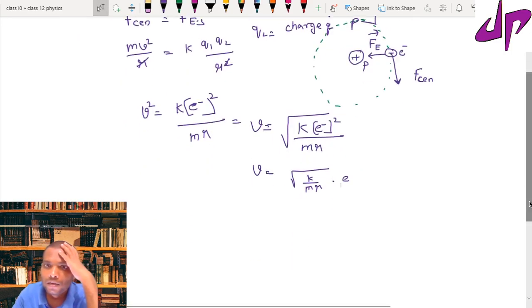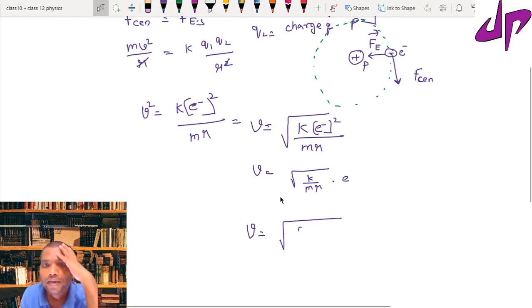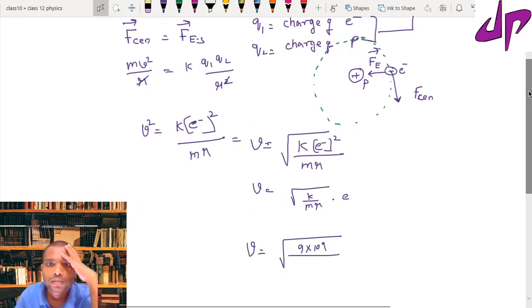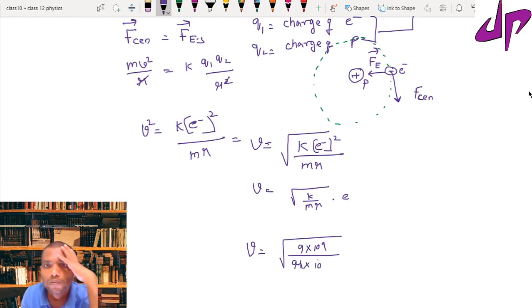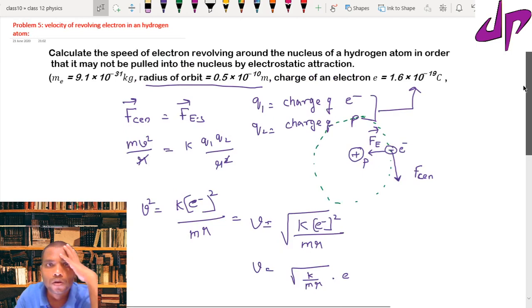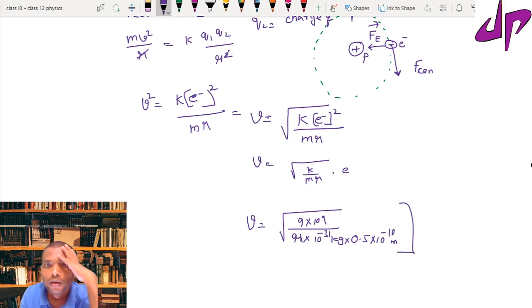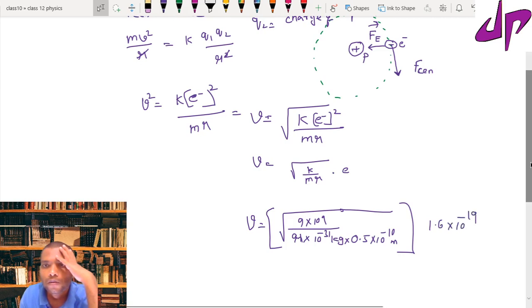So finally, if we substitute the values which are given, velocity v is equal to square root of the value of k, 9 times 10 power 9, by mass of the electron, 9.1 times 10 power minus 31 kg, and the radius of the Bohr orbit 0.5 angstrom, which is nothing but 0.5 times 10 power minus 10 meters, and everything multiplied with charge of an electron, 1.6 times 10 power minus 19 coulombs.